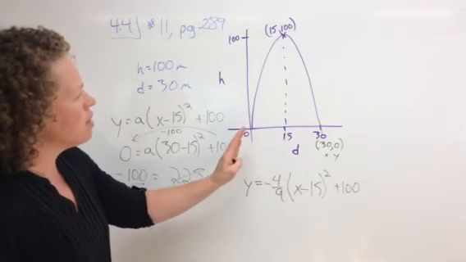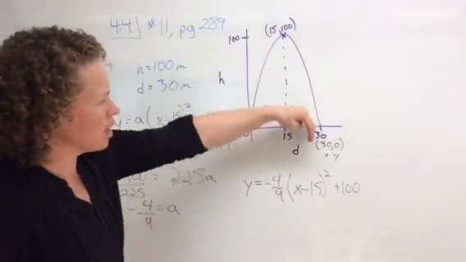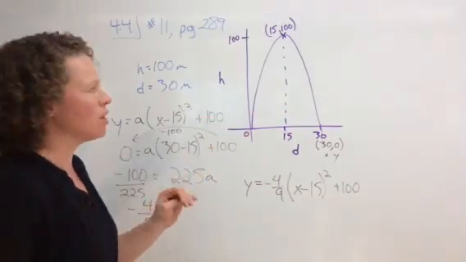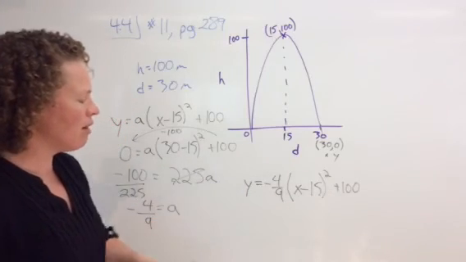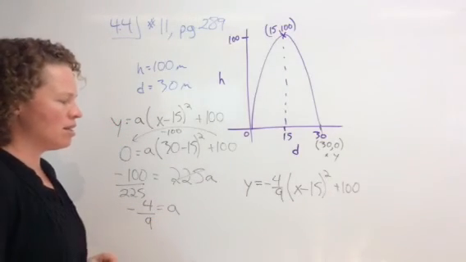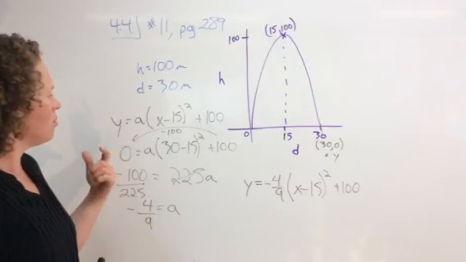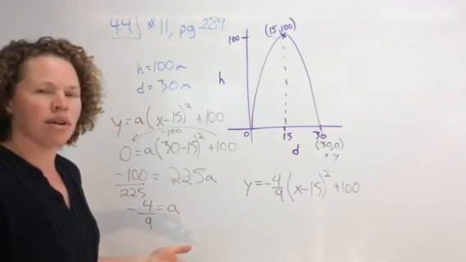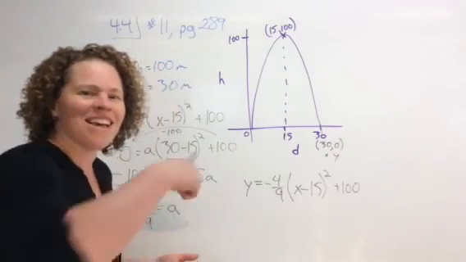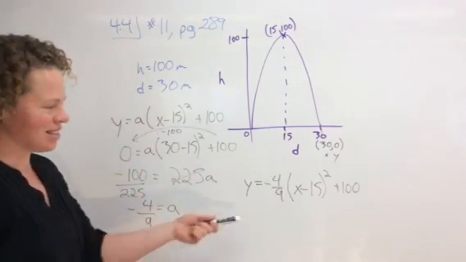And I've used a sketch of what actually happens and turned it into a graph to find my vertex point, which I've plugged in. And now I have a formula that follows the pattern of the standard equation. There it is.